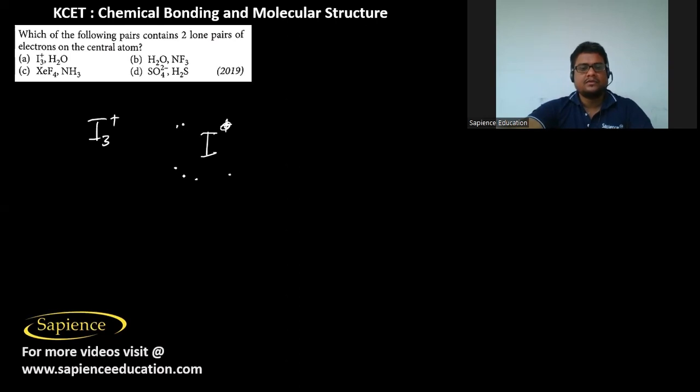Iodine will have 1, 2, 3, 4, 5, 6, 7 electrons. So here these two it will share, or it will give I 7.